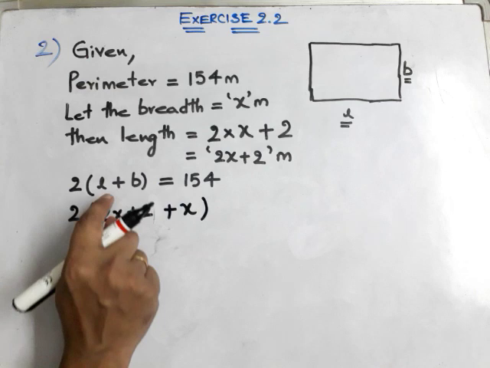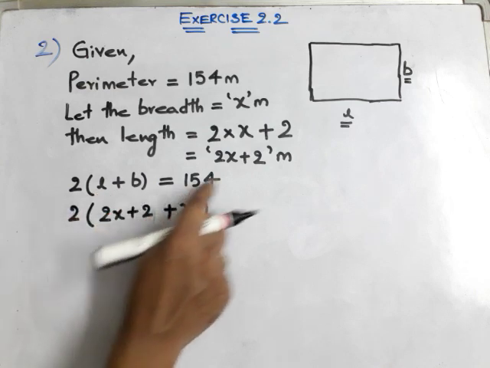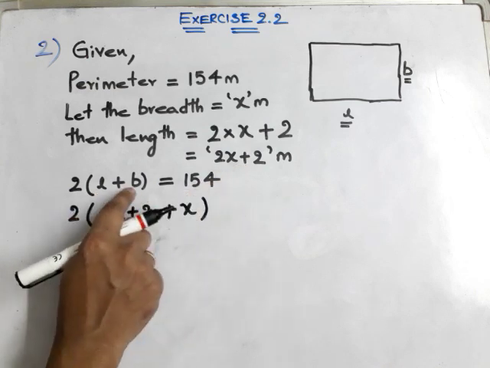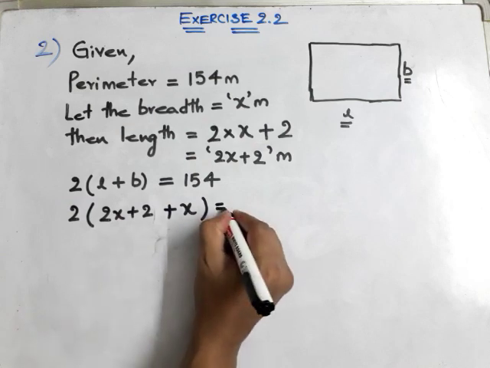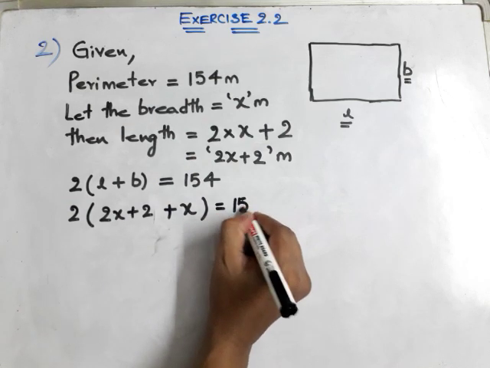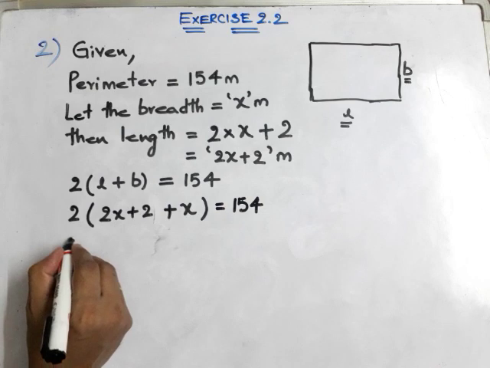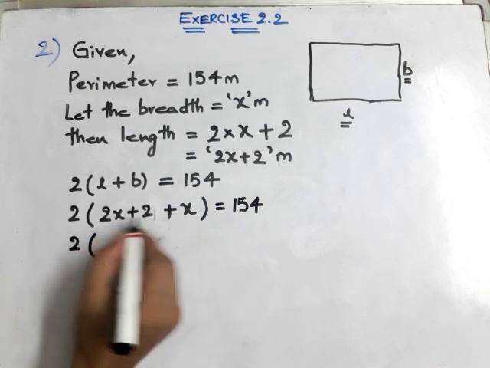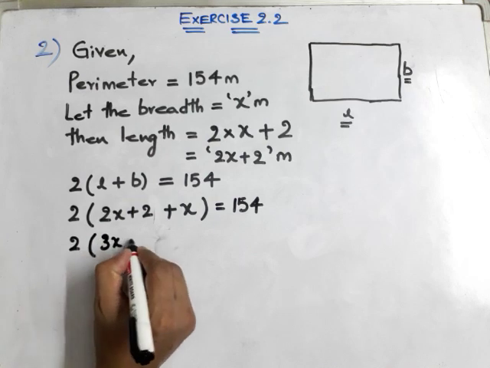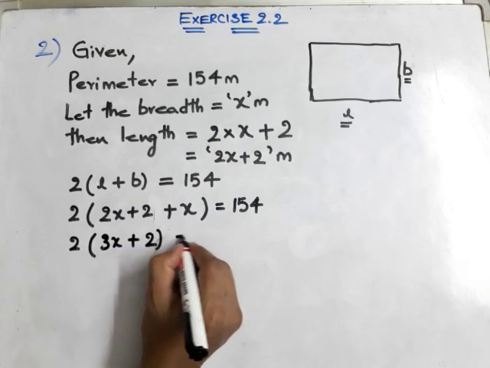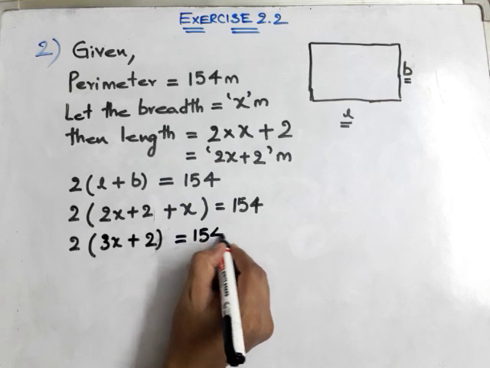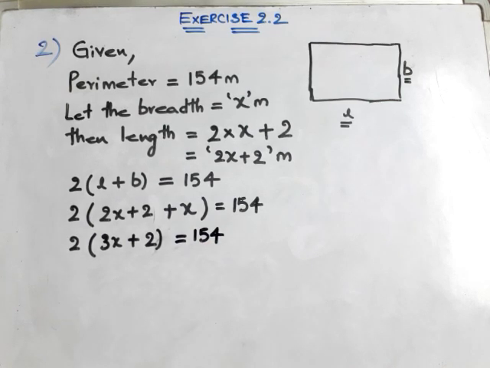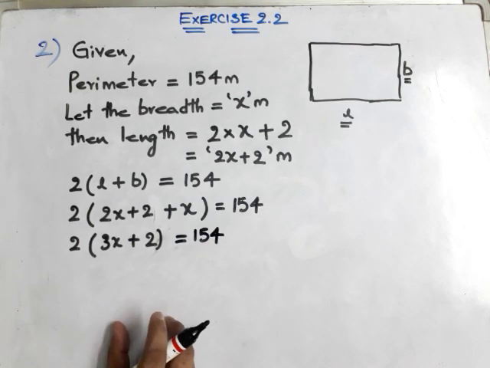I am just substituting the value of length as 2x plus 2 and the breadth as x, which is equal to 154. Now 2 into, here we have like terms 2x and x. 2x plus x is 3x, plus 2 is equal to 154.